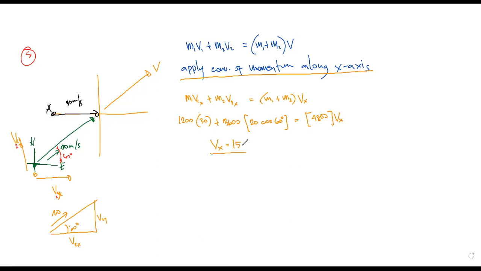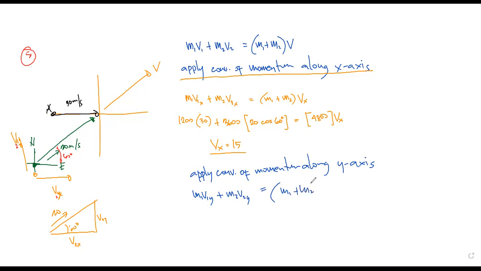Okay, and we also apply the same thing. So apply conservation of momentum along the y-axis this time. So you have m1 v1y plus m2 v2y, so that's m1 plus m2 times Vy.